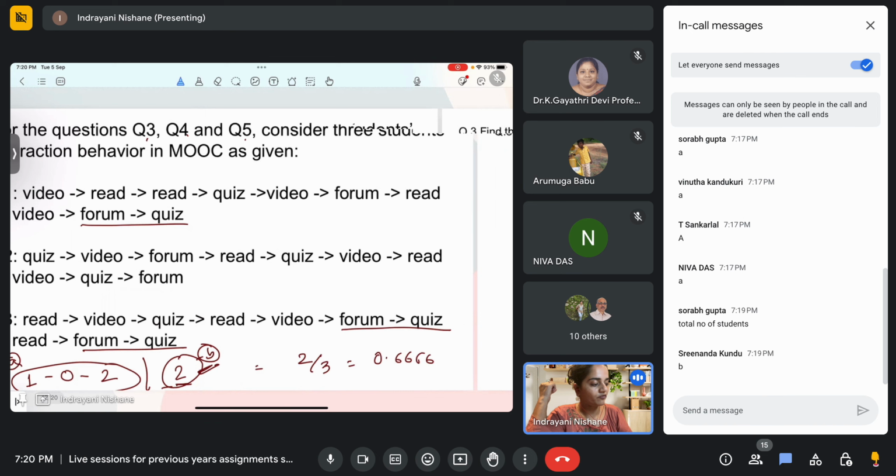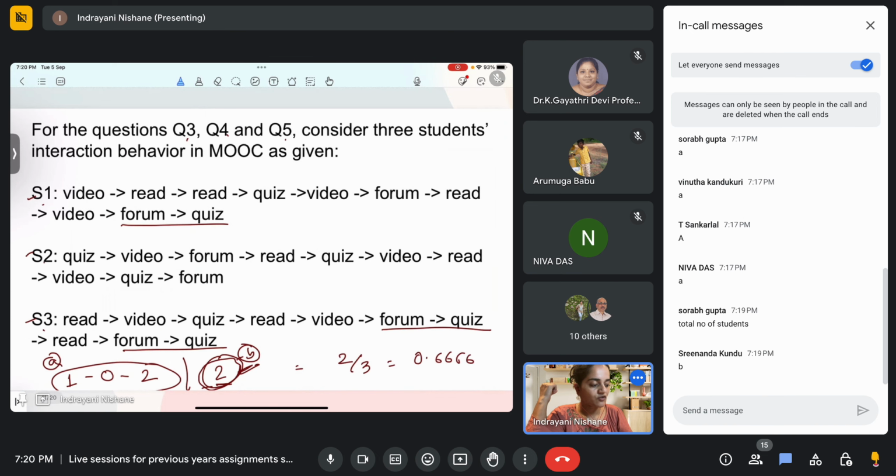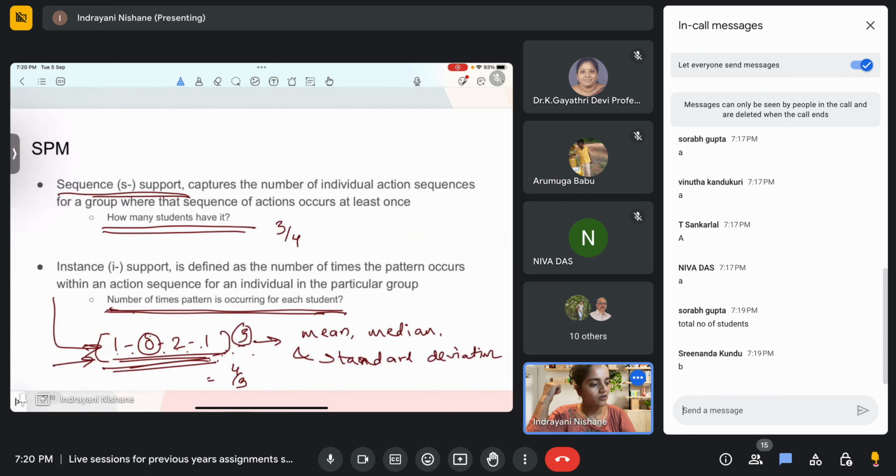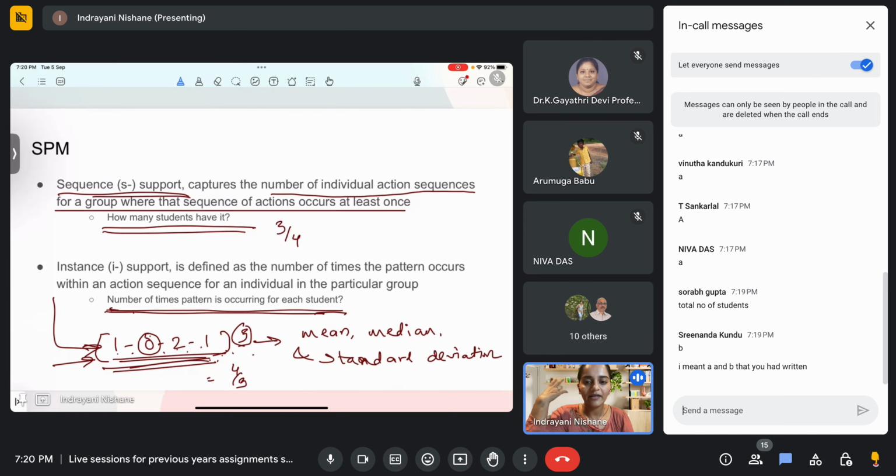For S support, we divide the number of students for which this pattern is observed by the total number of students, because the definition says: number of individual action sequences for a group where the sequence of action occurs at least once.